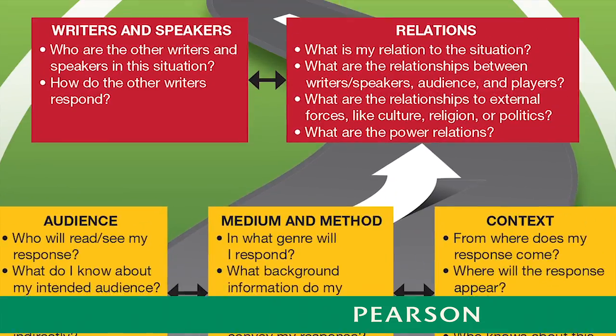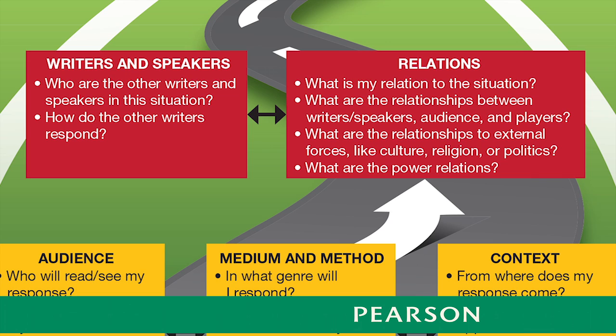Next, I ask students to start thinking about who else is already participating in the situation and what the various relations are in the situation. When writing to respond, these kinds of questions about the situation are important in helping students to determine if they are responding to a particular speaker or writer already in the situation, to the situation itself, or to an aspect of the situation the other writer has indicated.